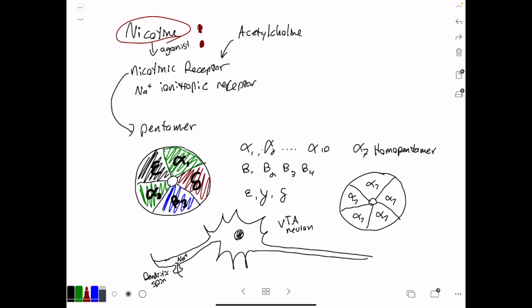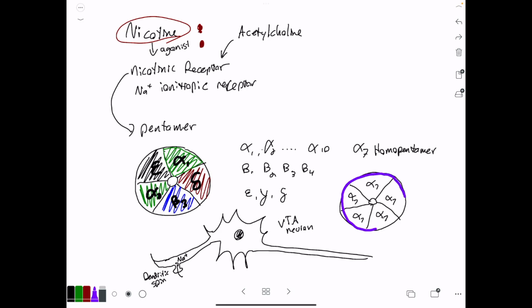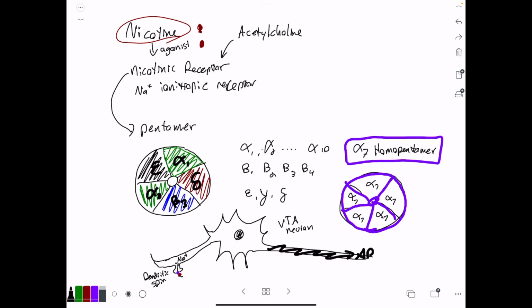And so when red binds to, and we'll make this different, our special alpha 7 homopentamer, our purple receptor, and when nicotine binds to it, it allows an influx of sodium in, and this, of course, depolarizes our VTA neuron, and it's more likely to send action potentials down, releasing dopamine.